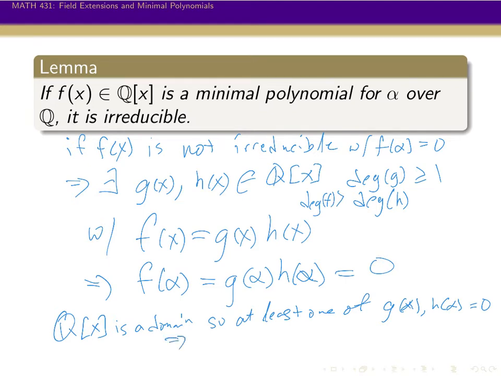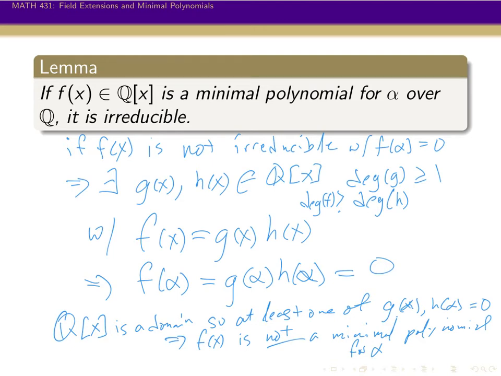And so you have a polynomial whose degree is less than f that has alpha as a root. And so this says that f of x is not a minimal polynomial for alpha. So if you have a minimal polynomial, it has to be irreducible.